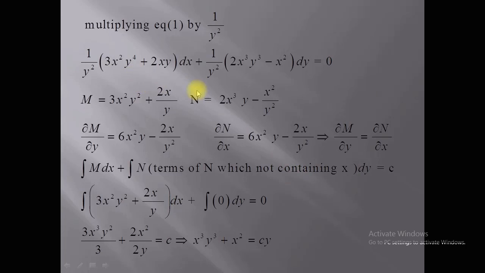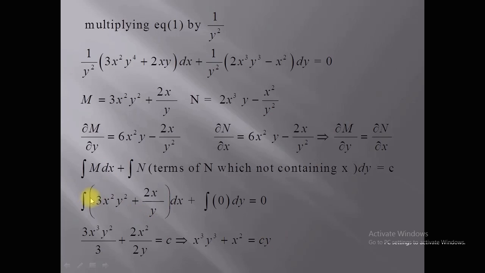But in this new differential equation, in the N function there are two terms, and both terms contain x. So we skip the integration of N with respect to y. Only taking the integration of M with respect to x, we get the solution of this new differential equation.